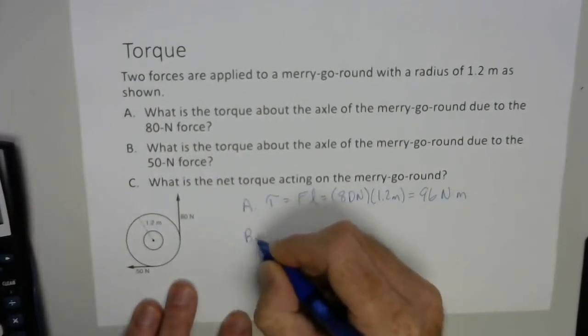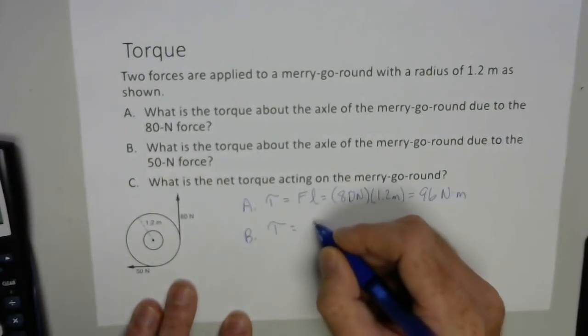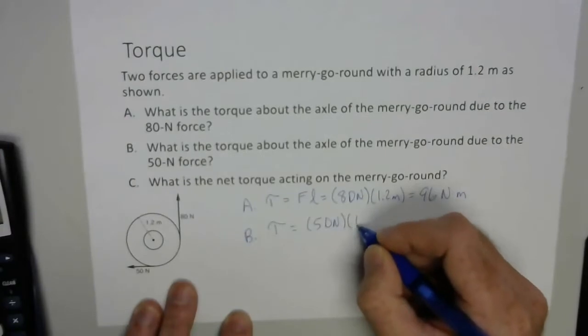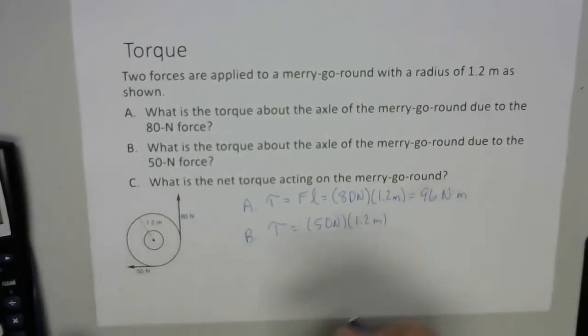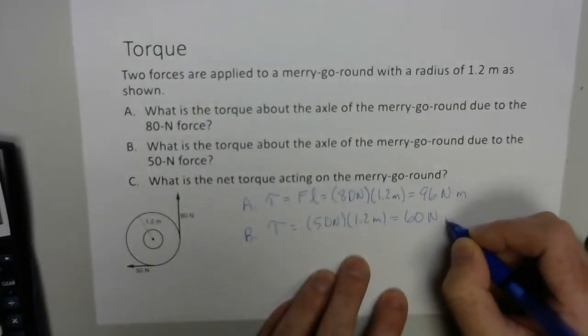And then B, that torque will be a 50 Newton force, again over 1.2 meters, which will be 60 Newton meters.